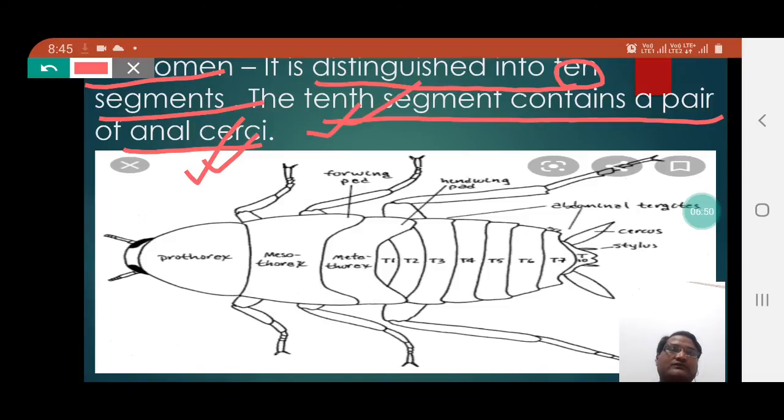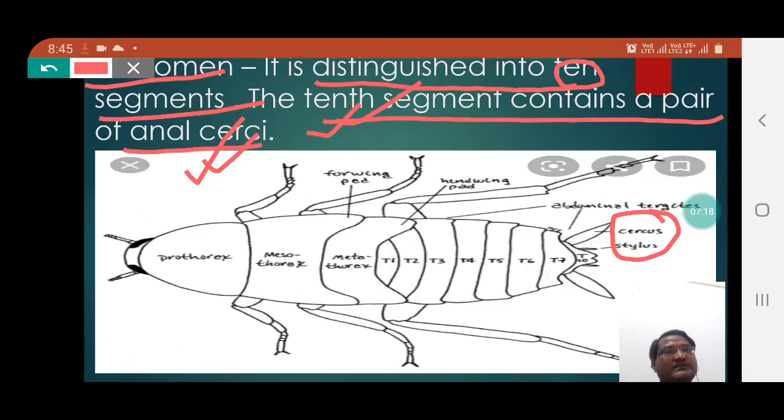Students, for easy understanding, scientists have divided the abdomen of the cockroach into 10 segments, and the 10th segment is the place where anal cerci are present, which you can also see here.